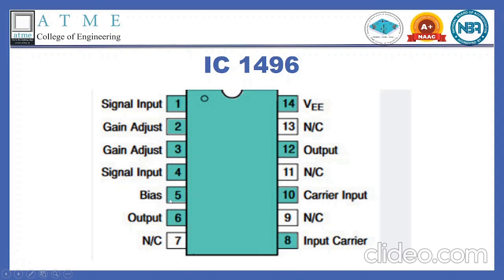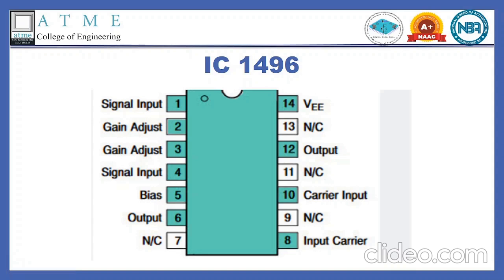Pin number 5 helps us provide the biasing needed for the circuit, and pins 6 and 12 are meant for output. VEE, that is the power supply, is given to pin number 14, and pins 13, 11, 9 and 7 are not connected.